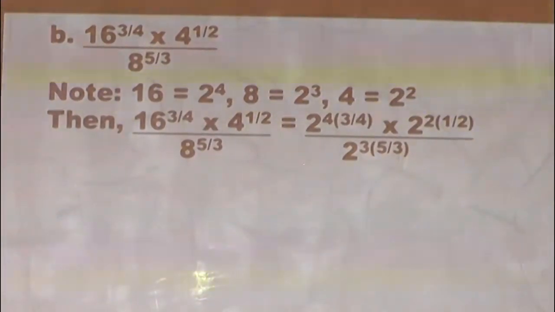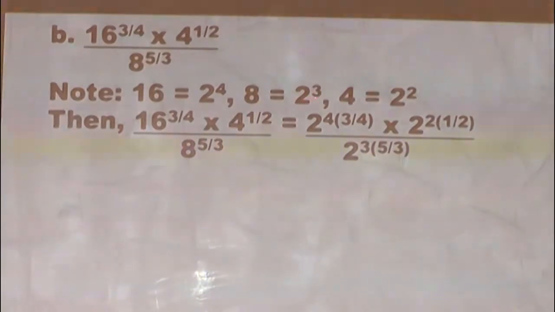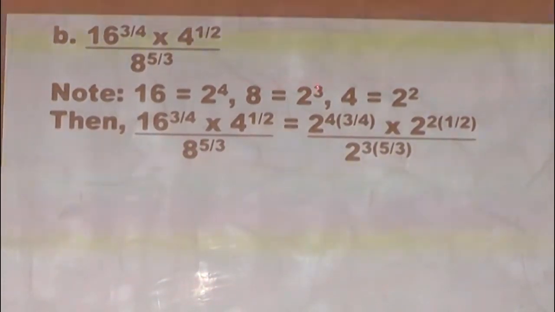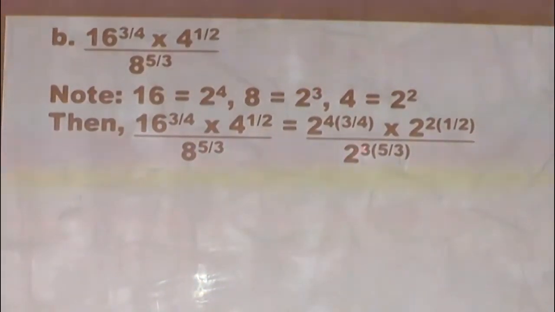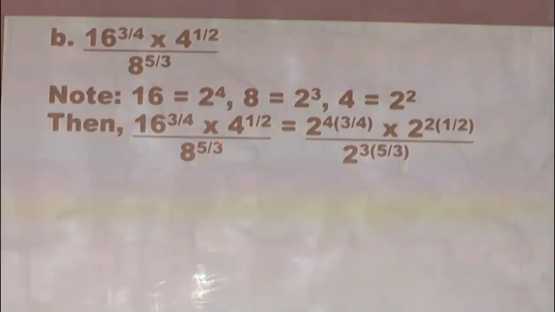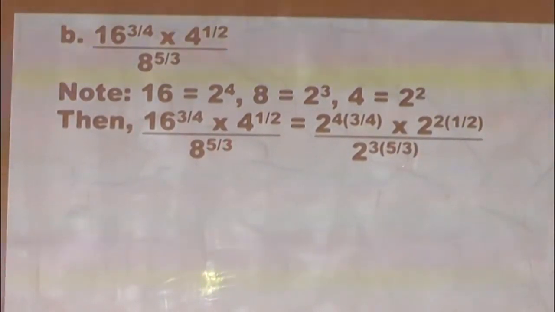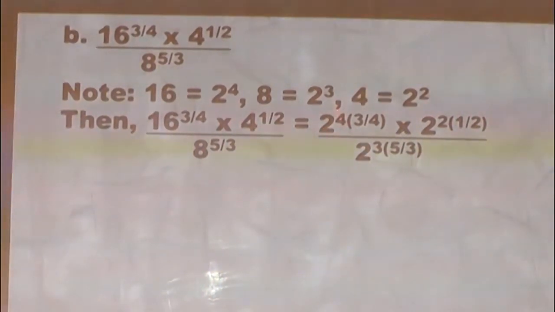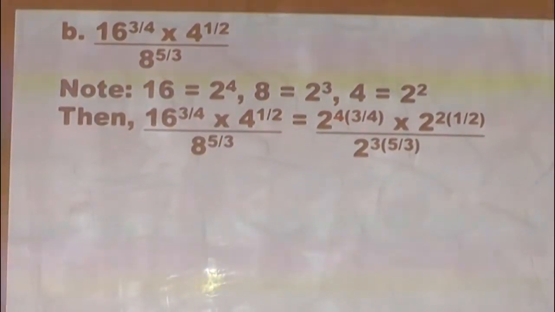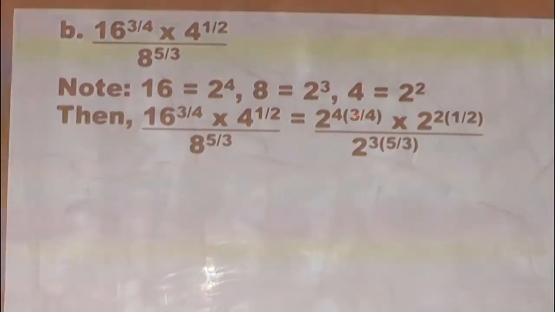All over, in place of this 8, you now put this 2 raised to the power of 3, and the initial power there, which is 5 over 3, will now be within the brackets.